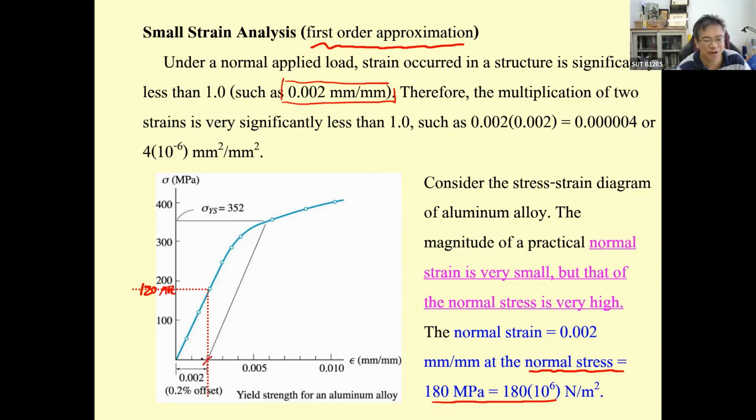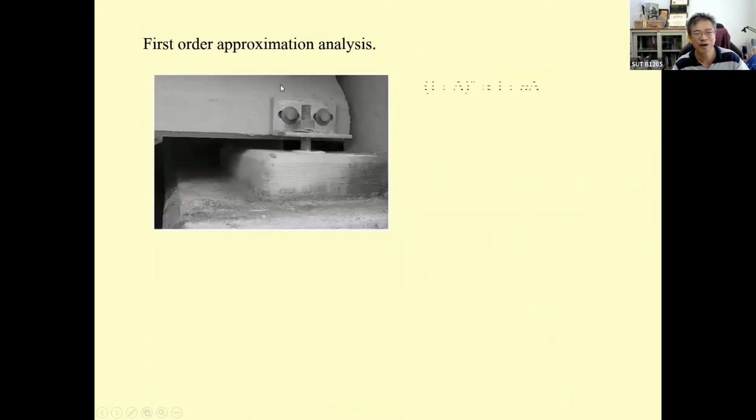That produces a strain of only 0.002. So normally the normal strain is very small, but the normal stress is 180 times 10 power 6. Normal stress is always large, normal strain is always small. Okay, and then the first order approximate analysis is going to be like this.